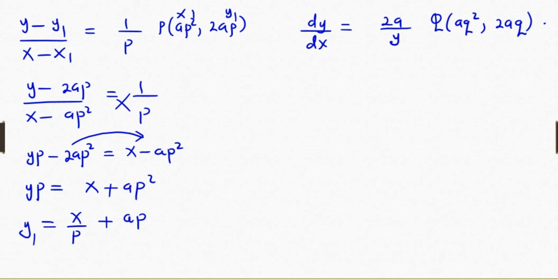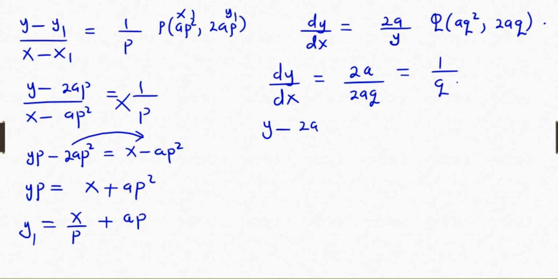So we substitute, and we shall have dy/dx equal to 2a over 2aq. When we simplify this, we are going to have 1 over q. So to get the equation of this second tangent, we say (y minus y1), which is 2aq, divided by (x minus x1), which is aq squared, everything equal to 1 over q.